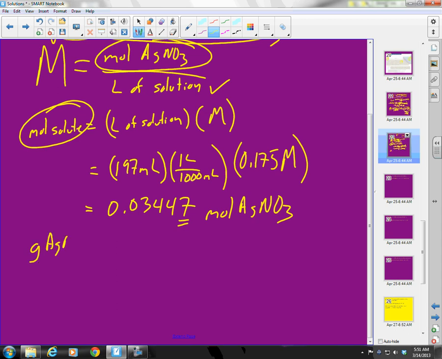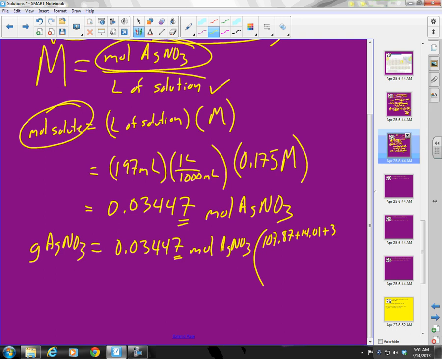So grams of silver nitrate equal 0.03447 moles of silver nitrate times 107.87 plus 14.01 plus 3 times 16.00 grams per 1 mole of silver nitrate. Let's run the numbers.